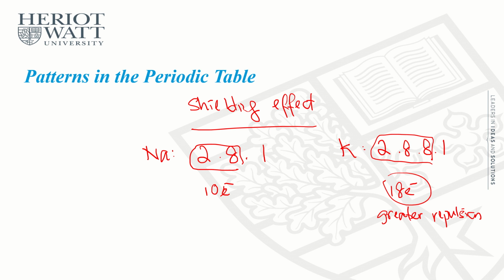When repulsion increases, the shielding effect increases, and it shields the valence electrons away from the nucleus, which means indirectly the size of the atom will increase. It expands to a bigger size or bigger radius when there is greater repulsion from the internal electrons. That's the shielding effect. Next, we can talk about the trend in the periodic table for the shielding effect.